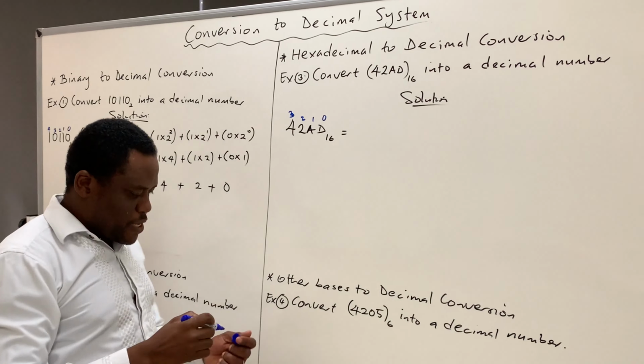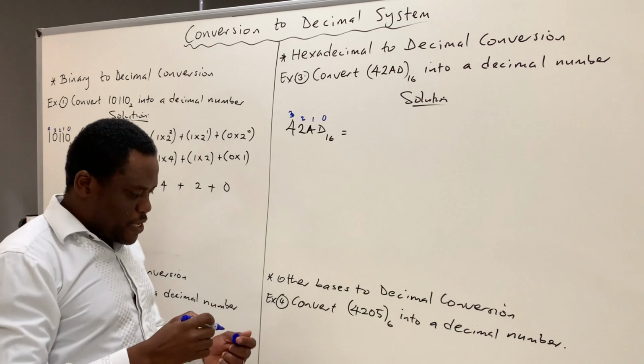The first is 4 times 16 to the power of 3, plus the next is 2 times 16 to the power of 2. Next is A times 16 to the power of 1. The last is D times 16 to the power of 0.